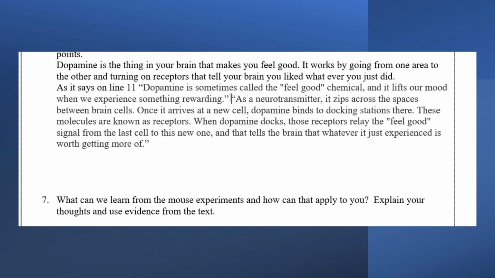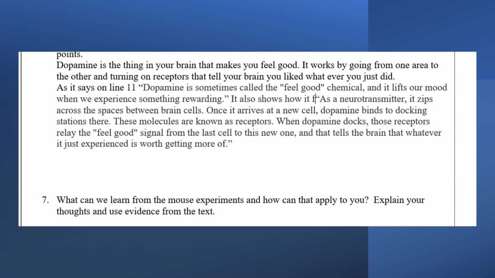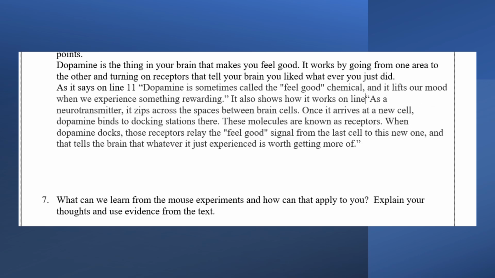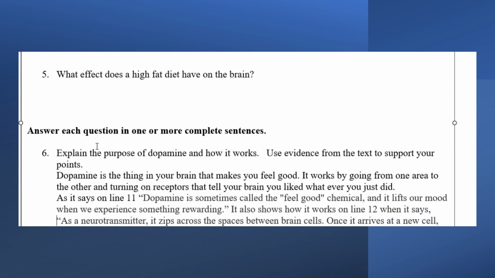And then over here, I can say, it also shows how it works on line 12 when it says, and then it has that comment, okay? So that is showing where you got it, and that's why she's having you put the numbers in, is so that when you put in your evidence, you can tell her what line you got it on, okay?